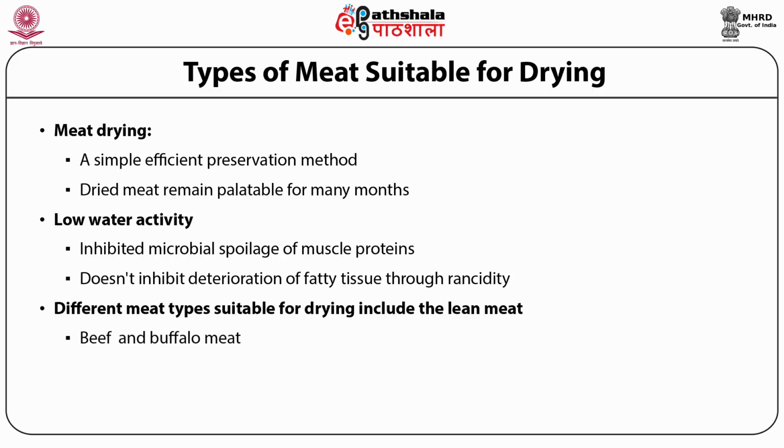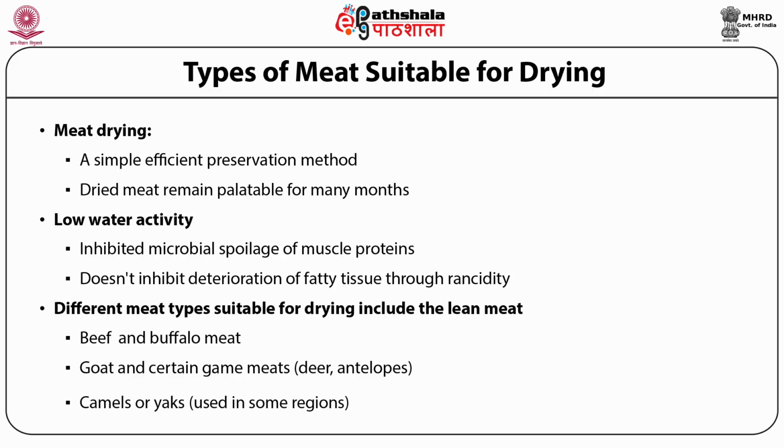Beef and buffalo meat, as well as goat and certain game meats, including the deer and antelopes, are best suited. The same applies to meat of livestock used in some regions for meat production, such as camels or yaks. The suitability of mutton is ranked slightly lower.